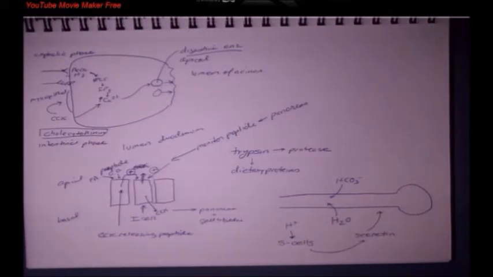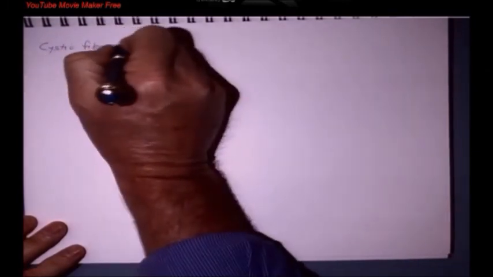Okay, so now I want to take a little bit of a detour here and talk about cystic fibrosis. Because cystic fibrosis, we tend to think about that manifesting as a lung problem. And it does. The problem there is because of the CFTR, cystic fibrosis transmembrane regulator.